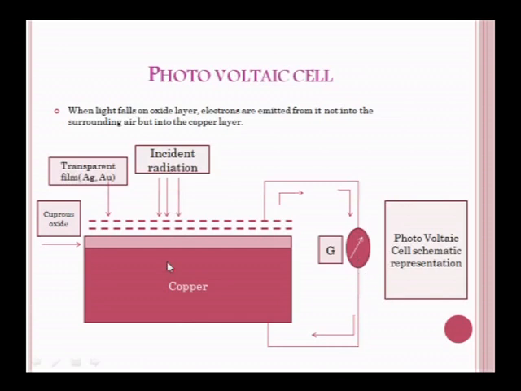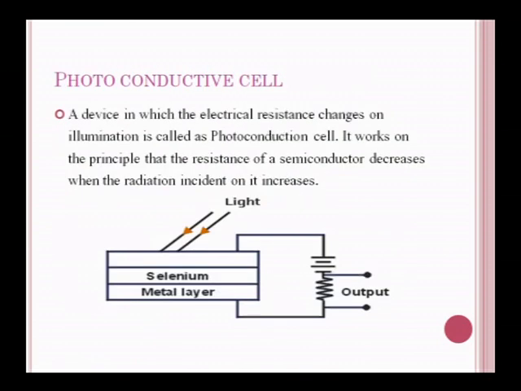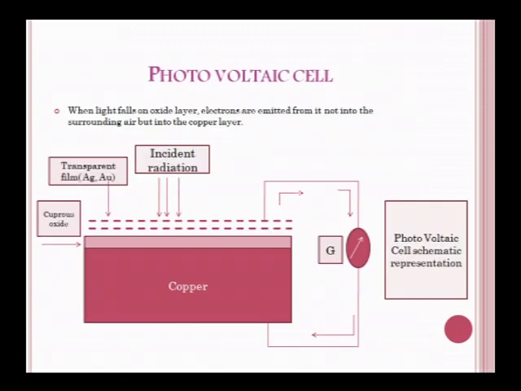Now, how does this function? This works when the transparent surface is exposed to radiations. If the radiations falling on it possess a threshold frequency, then immediately these radiations enter through this transparent surface and fall on the oxide layer.